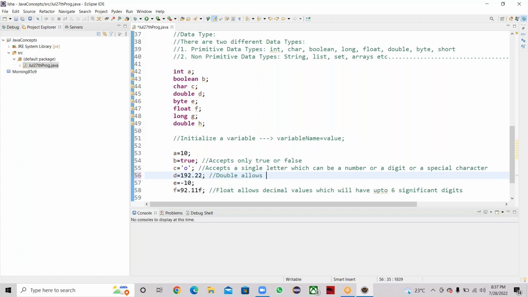Double allows decimal values which will have up to 16 significant digits. Can anyone say what is the concept of significant digits?